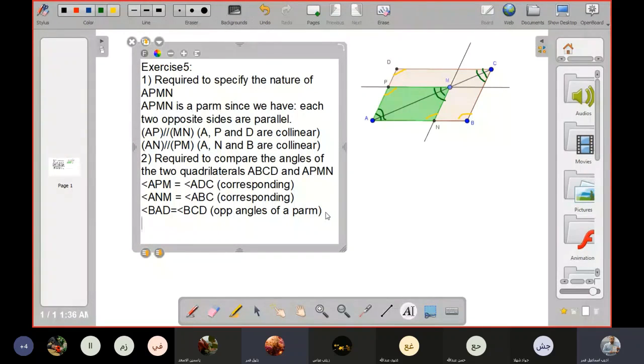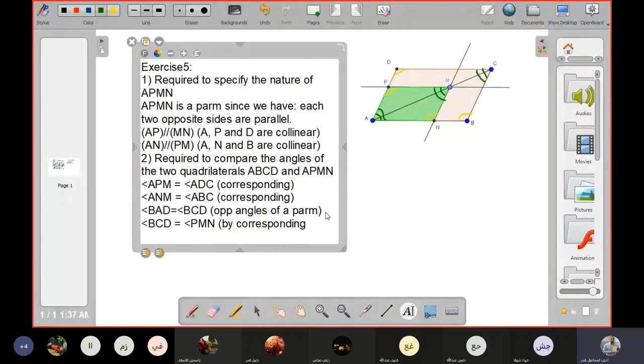Also we have angle BCD equal to angle PMN. Why? The reason is straight angles, by corresponding.